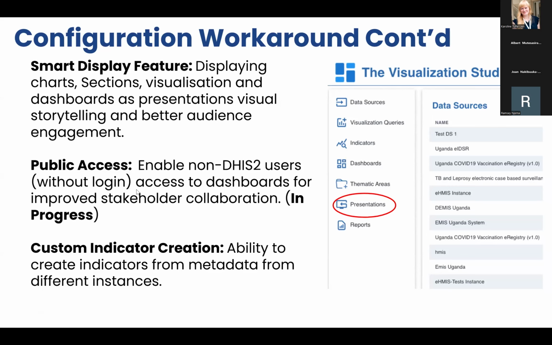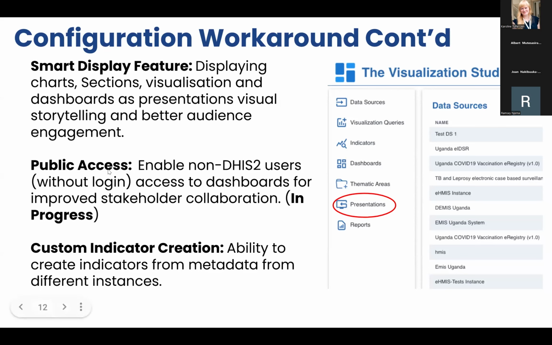The other feature is displaying data from multiple sources, including different DHIS2 instances. For example, there are scenarios where you have a target population in an instance, and it is the only metadata that you need from that particular instance. So you have to go into that instance and display that data from there.